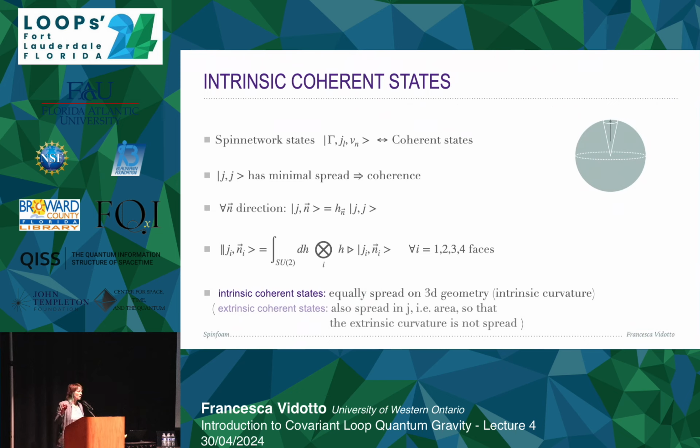And there was a lot of confusion in the past regarding the relation between classicality or the quantum regime and the truncation. Because you can consider just a single graph that is dual to a very simple triangulation of space-time, like a single tetrahedron.